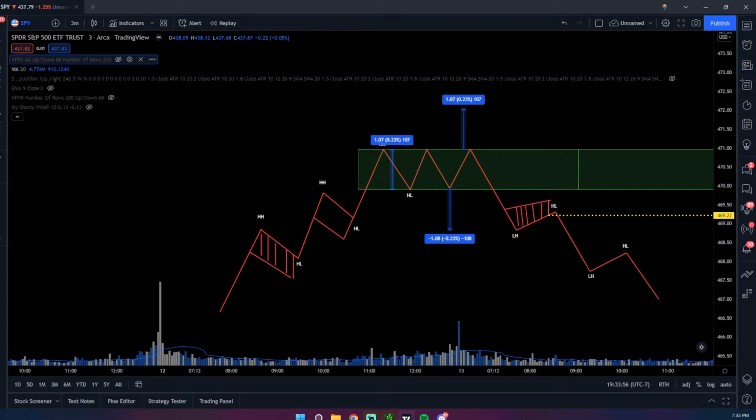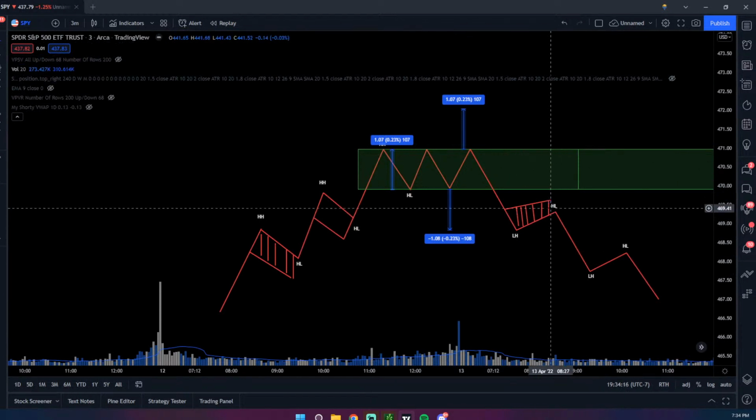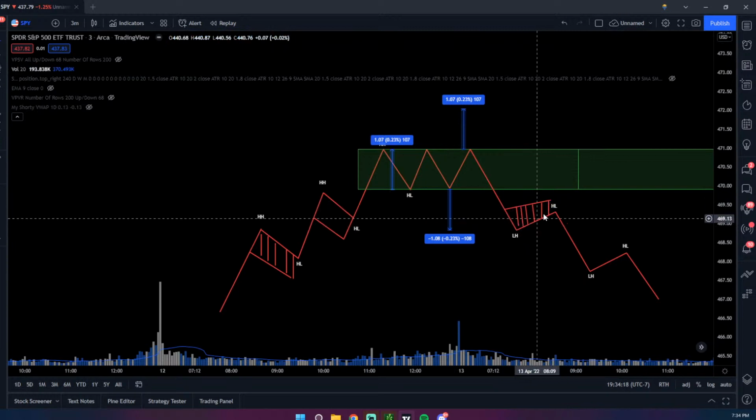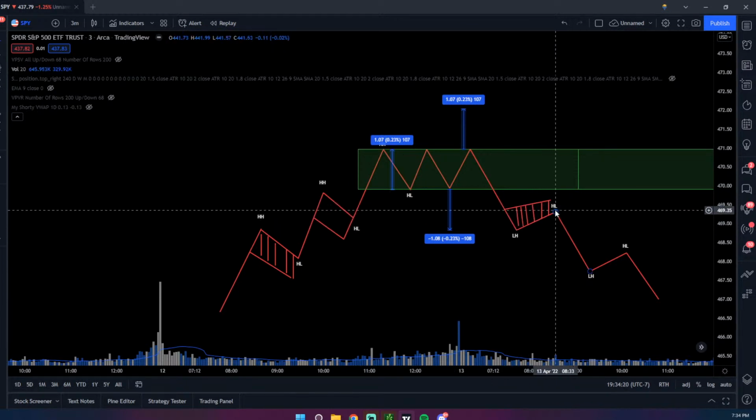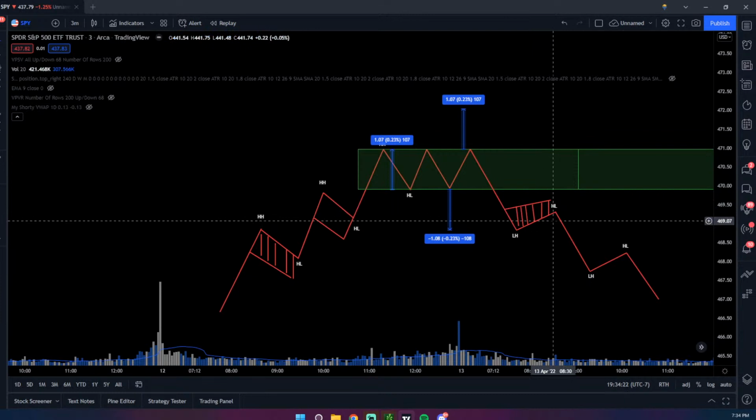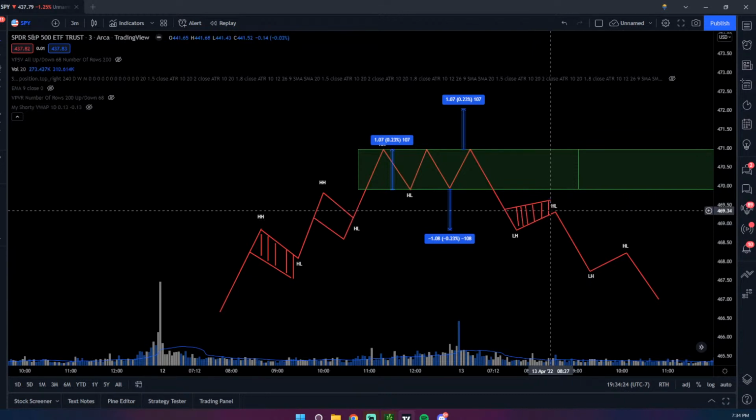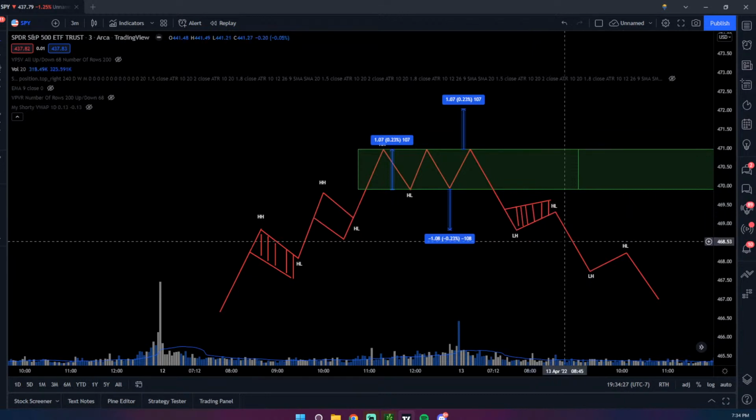Sorry, a lot of comments to read through here. Raxith, I know I already answered your question, but I'll say it again. I don't wait for a candle to close. If you want to be extra safe, you can. When you're talking about waiting for a candle to close, instead of using the bottom of this flag as your entry, you would wait for the candle to close below the flag, and then you would hop in puts.